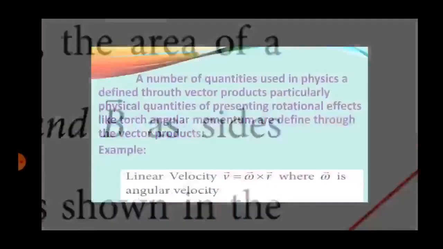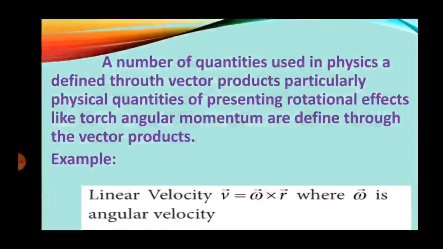Then a number of quantities used in physics are defined through the vector product, particularly physical quantities representing rotational effect like torque and angular momentum. Torque is denoted by tau. Angular momentum is also defined through the vector product.